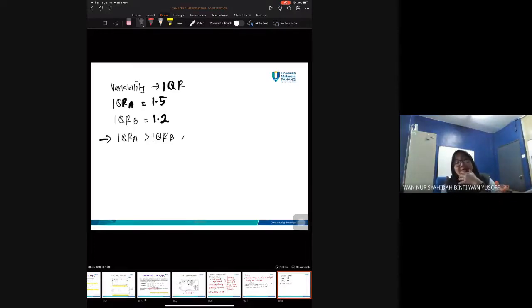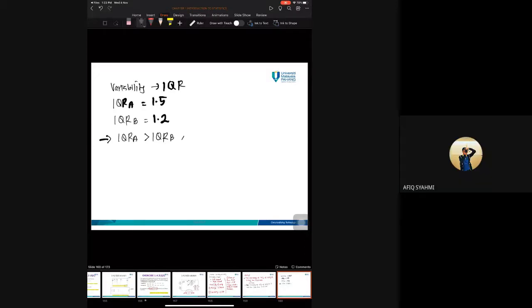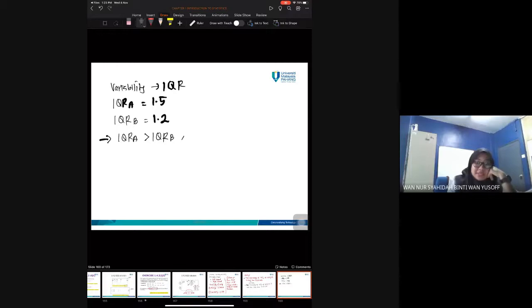Okay, remember what we discussed last week about variability. If we need good data, should the variability be smaller or higher? Smaller variability. So here, which one is more flexible? B. It should be B, because the IQR of B is less than the IQR of A.